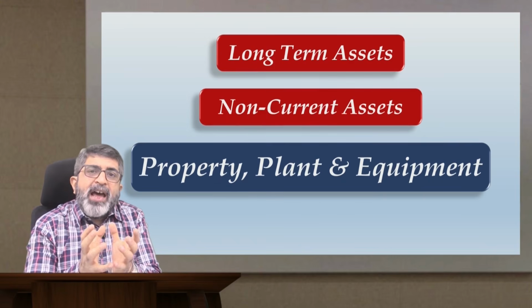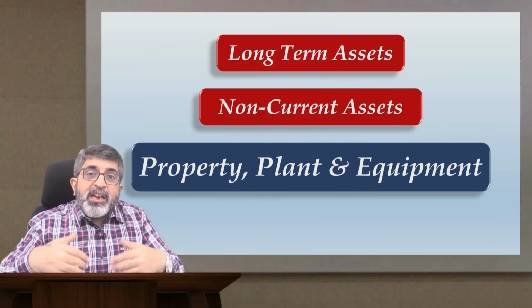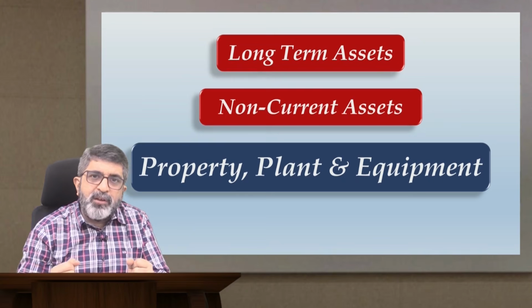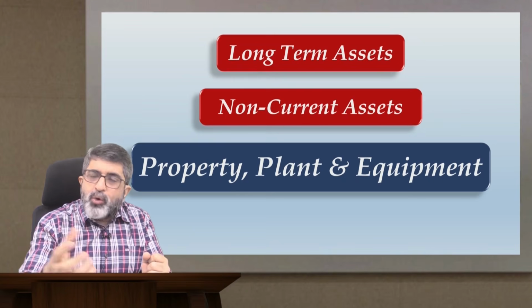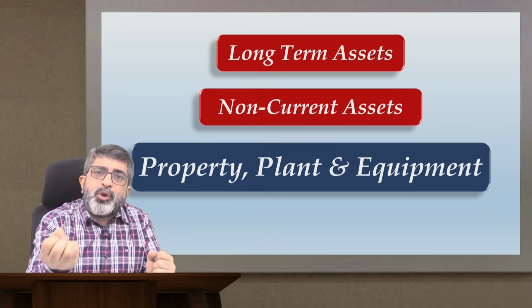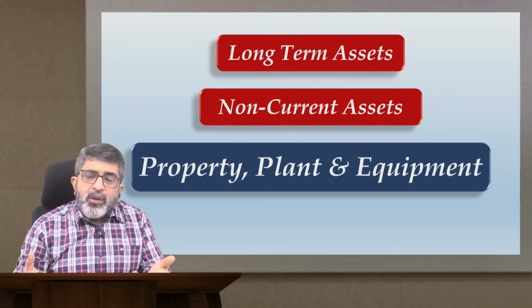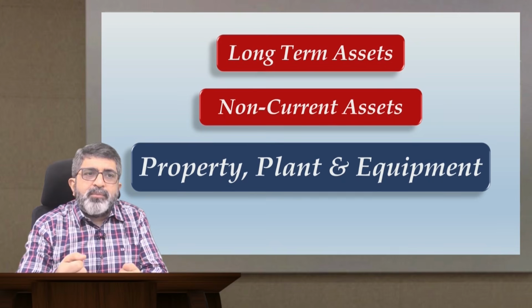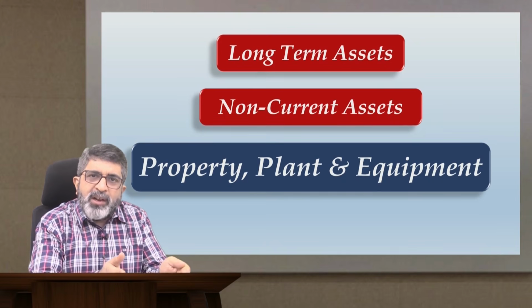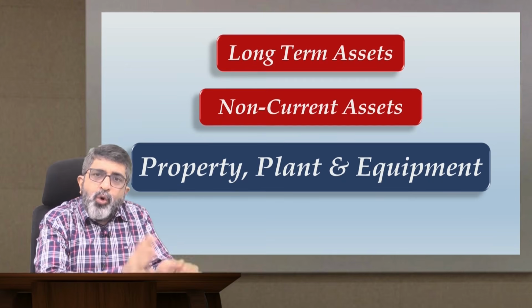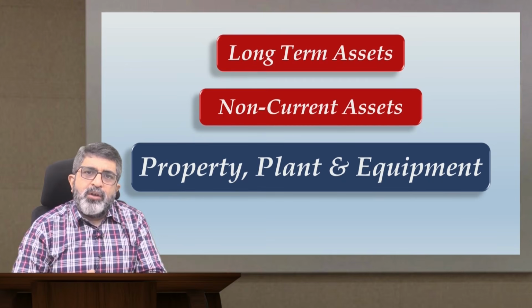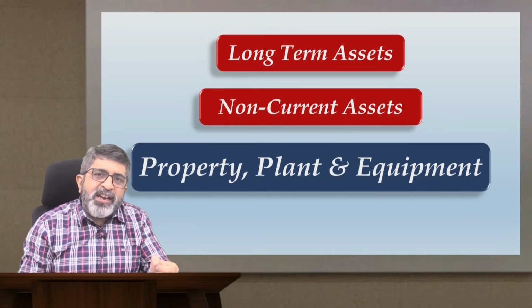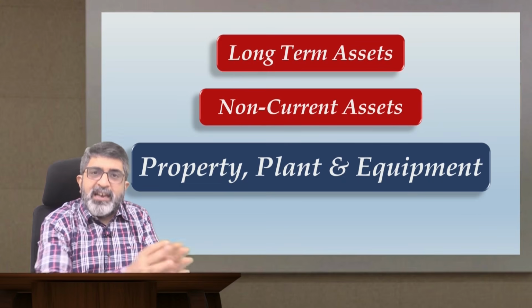So you may hold assets with an intention to sell. For example, inventories. You are holding inventories with an intention to sell, or some items may not be your inventories. Say you have decided not to use a particular asset because it is either old or not suiting your business, you have decided to keep it for sale.